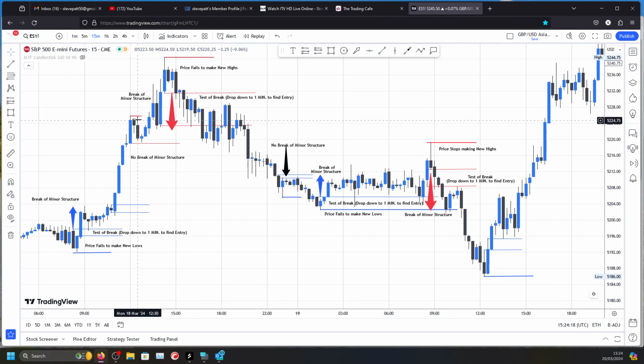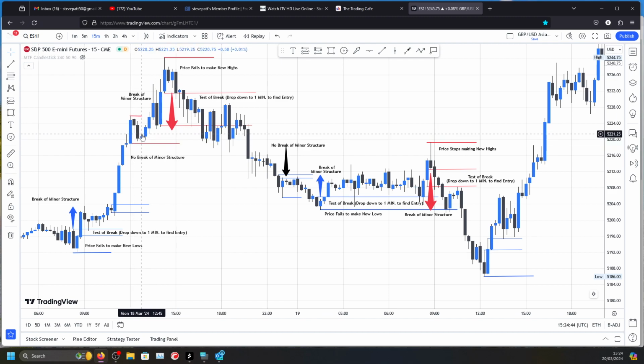And then at this point, I was asked, there's price fails to make a new high out of here, and I would react to this. And you see that there is the bullish candle, and after that bullish candle, there is a failure to make a new high, but price fails to break the low of that candle.